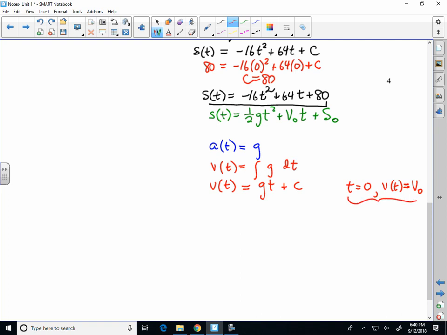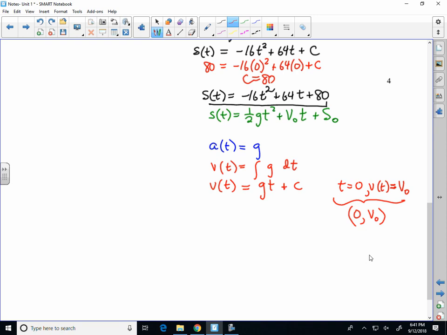So basically, I'm coming up with an ordered pair of 0, v of 0. Which should make some kind of sense, a little bit anyway, because it's basically saying, I don't know what the velocity is, but when t is equal to 0, I'm going to have some velocity corresponding with that t equal to 0. All right? I just don't know what it is. So this is saying, I will have a velocity at time t equals 0. I just don't know what it is.